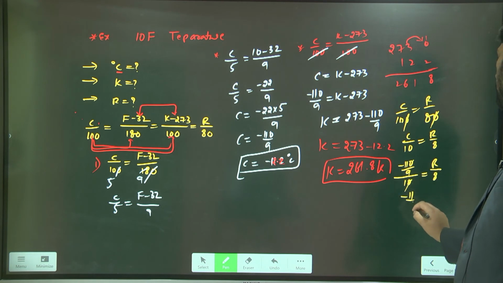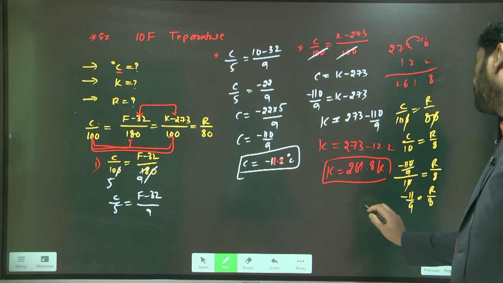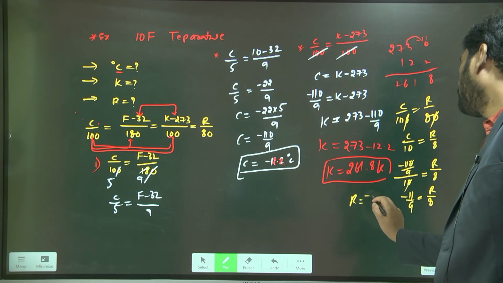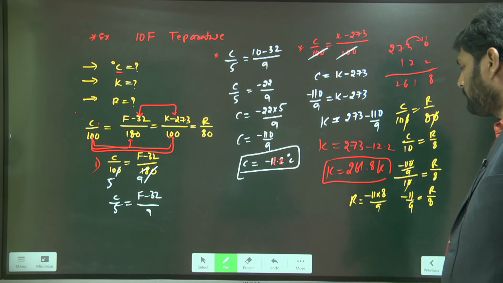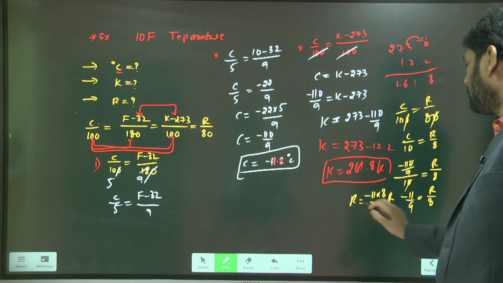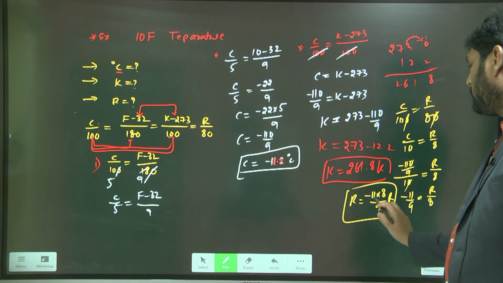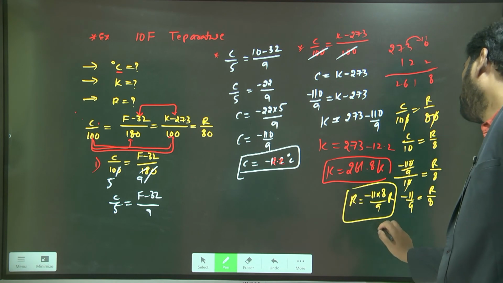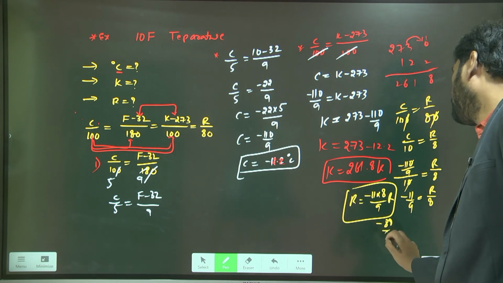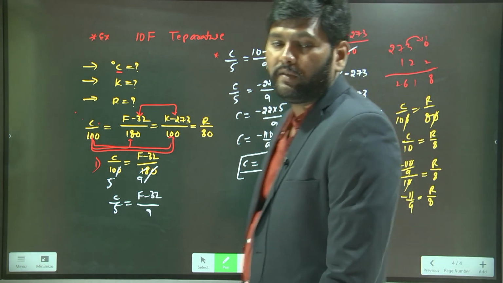Minus 11 by 9 is equal to R by 8. So from here R is equal to minus 11 into 8 by 9. Simplified, 11 8s are 88, minus 88 by 9. What is the value of minus 88 by 9?